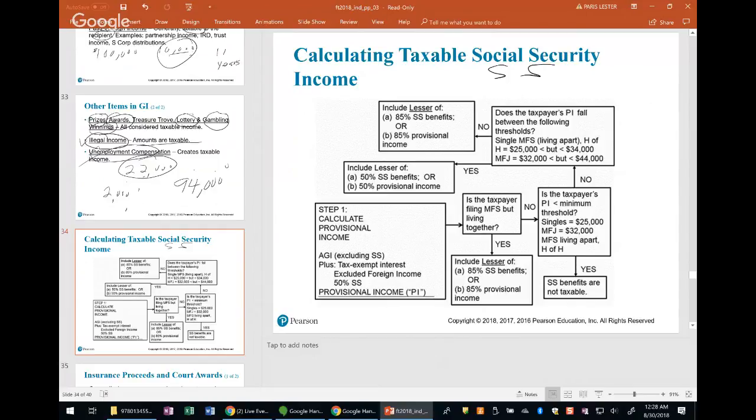Let's say your Social Security is $1,000 a month. Now, usually that's not taxable. But what is 85% of it? Somebody got a calculator? What's 85% of 12,000? How much?